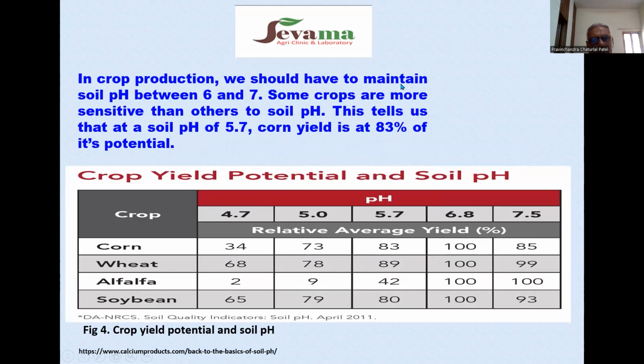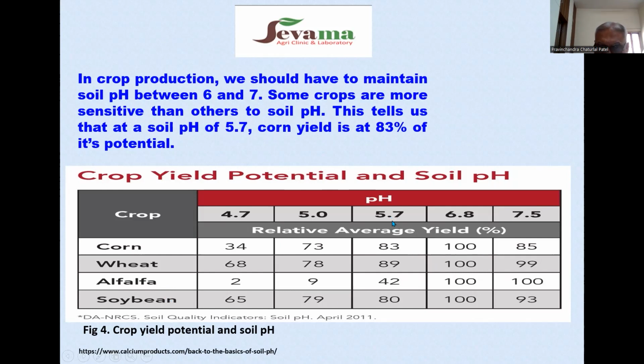In crop production, we have to maintain soil pH between 6 and 7. Some crops are more sensitive than others to soil pH. This tells us that at soil pH 5.7, corn yield is only 83% of its potential. For 6.8 soil pH, corn, wheat, alfalfa, meaning lucerne, and soybean are at 100%.